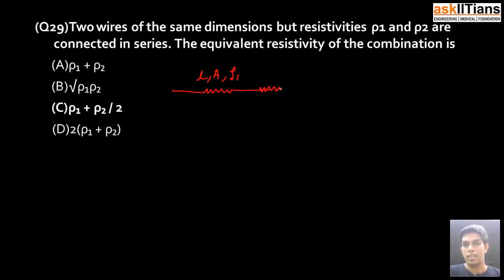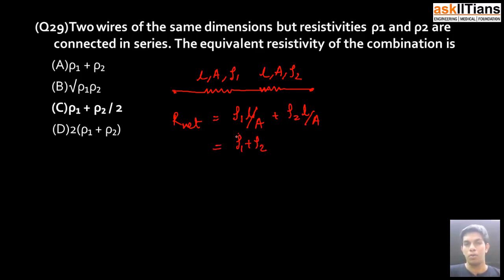It's connected in series with another wire of the same dimension, length L, cross section area A, resistivity ρ2. So the net resistance R net can be said to be ρ1 L by A plus ρ2 L by A. So this is equal to ρ1 plus ρ2 times L by A. So this is my net resistance.